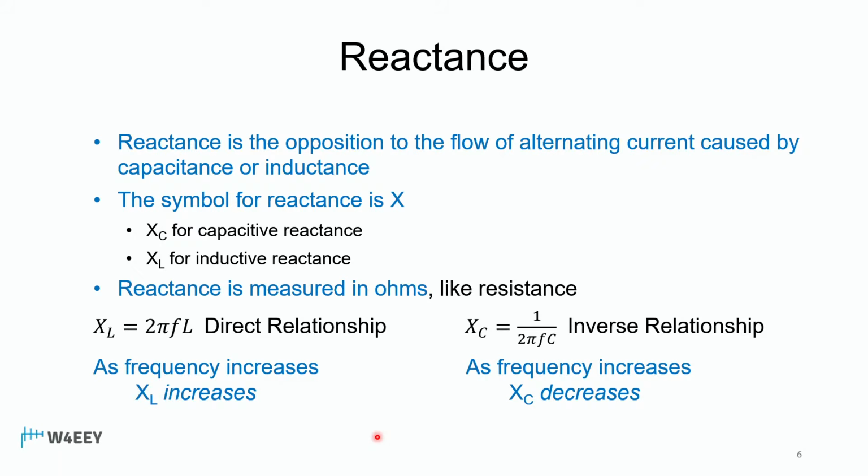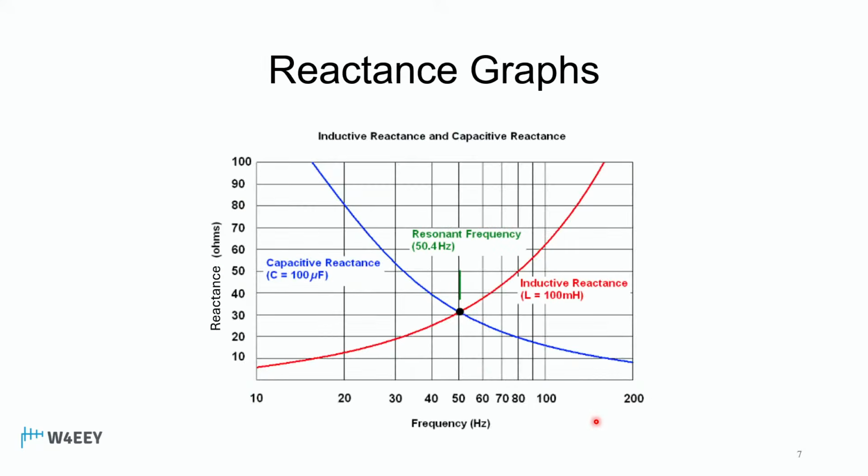So as frequency increases, X sub L increases. We talked through that. As frequency increases, capacitive reactance decreases. So we need this for some questions coming up. Now here's some interesting graphs. We've got reactance in ohms over here and frequency in hertz.